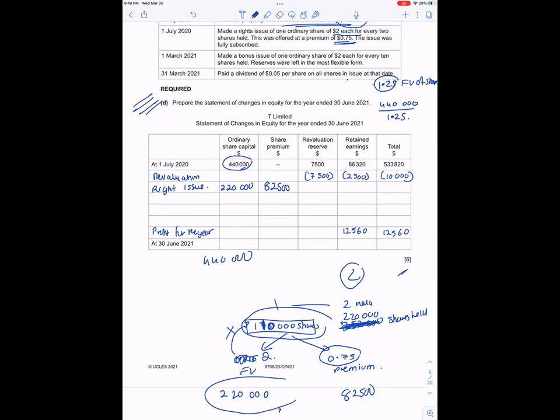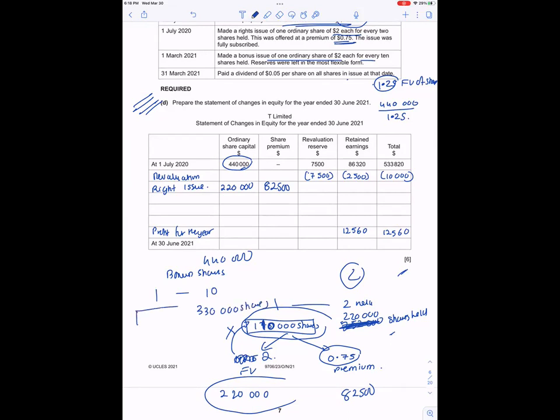Then you made a bonus issue of 1 ordinary share for every 10 held. But now you have 220,000 and 110,000, so you have 330,000 shares held.